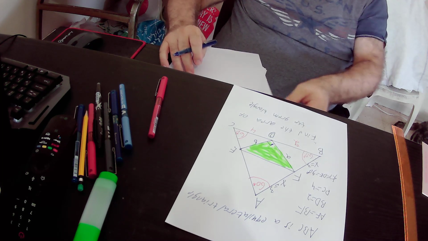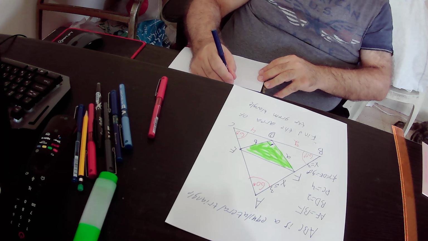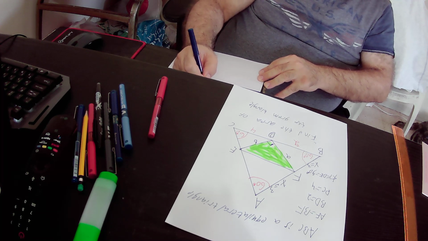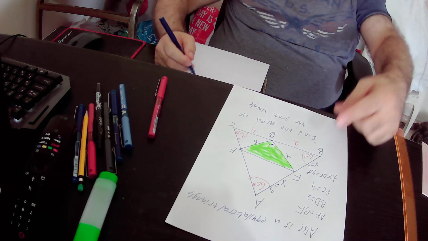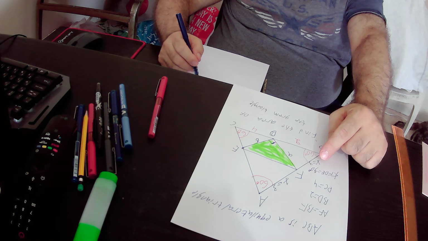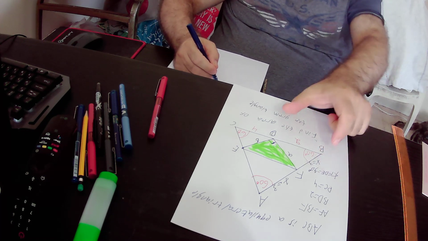Okay, so we can write that A squared equals BF squared. BF equals 3, so 3 squared is 9, plus BD squared.